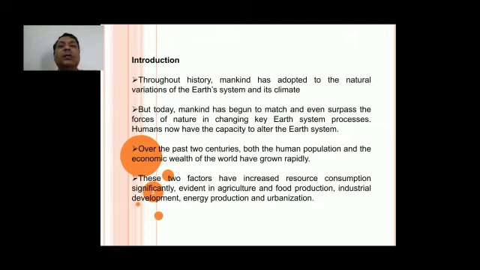Over the past 2 centuries, both the human population and the economic wealth of the world have grown rapidly. These two factors have increased resource consumption significantly, evident in increased agriculture and food production, increased industrial development, increased energy requirement and production, and urbanization.